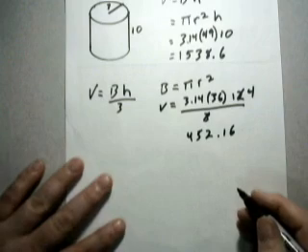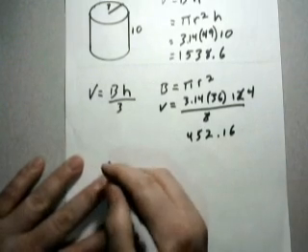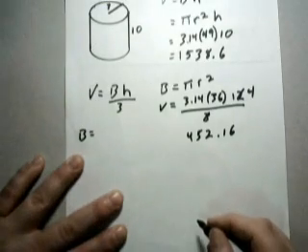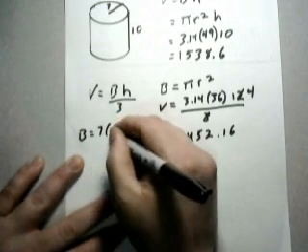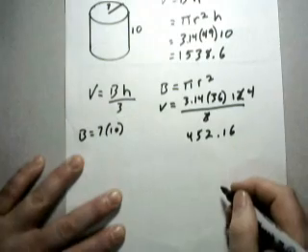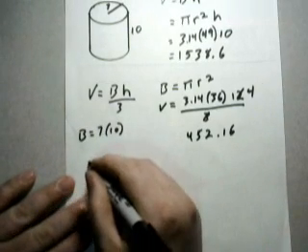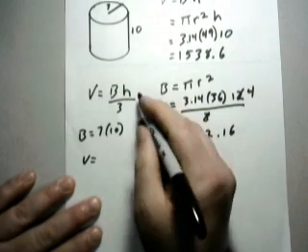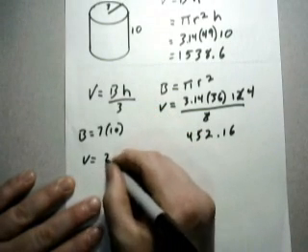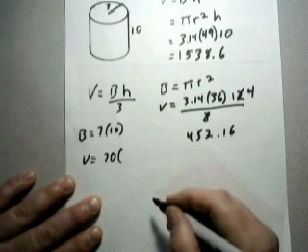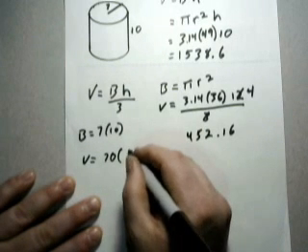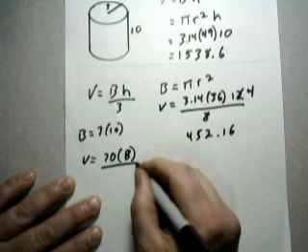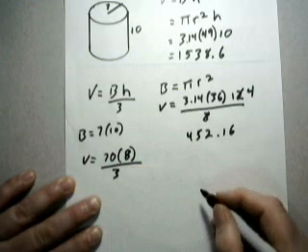Now for the pyramid, the base is going to equal 7 times 10. So the volume is equal to base times height, and this base is 70 times the height of that pyramid, which is 8, and then divide that by 3.